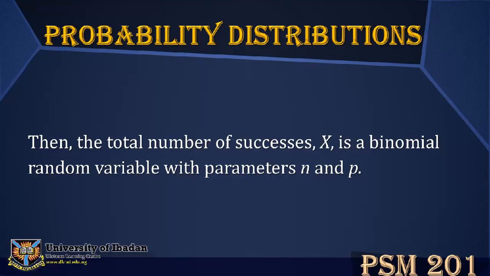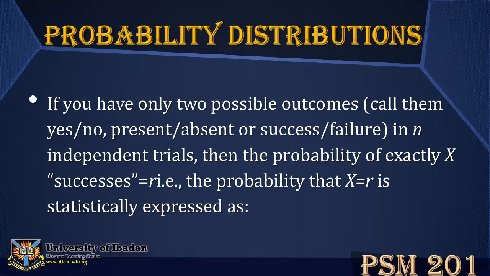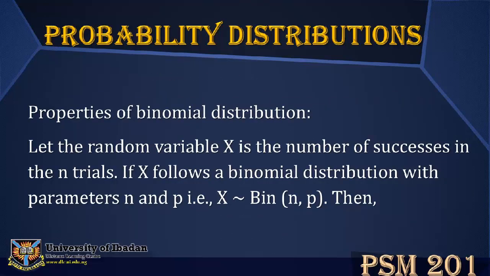Then the total number of successes X is a binomial random variable with parameters n and p. If you have only two possible outcomes, call them yes or no, present or absent, or success or failure in n independent trials, then the probability of exactly x successes equals r. That is, the probability that X is equal to r is statistically expressed as P(X = r).